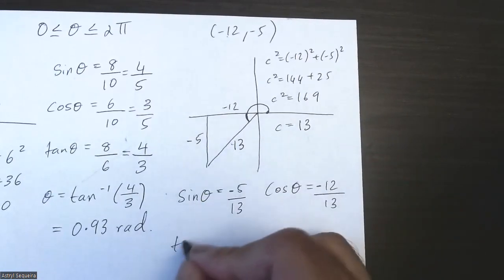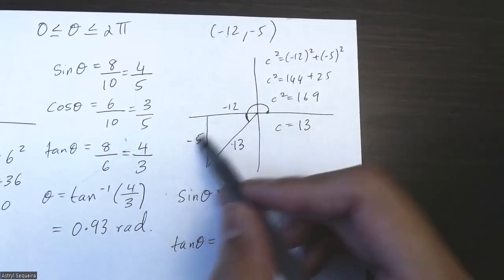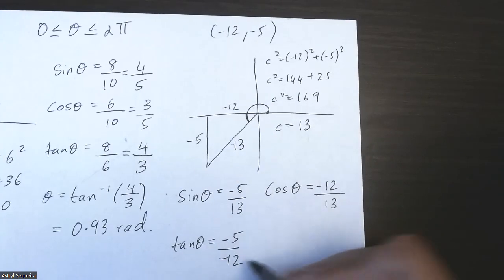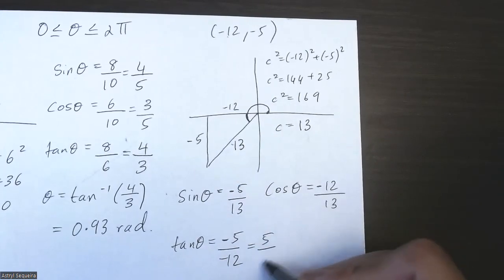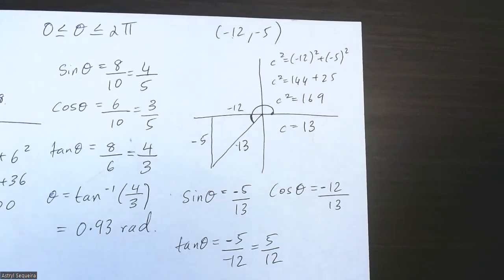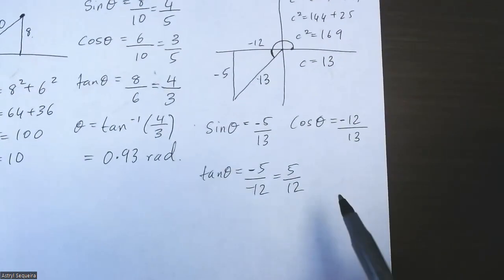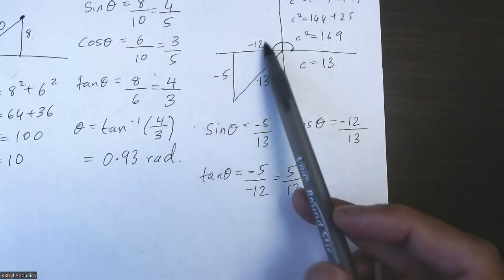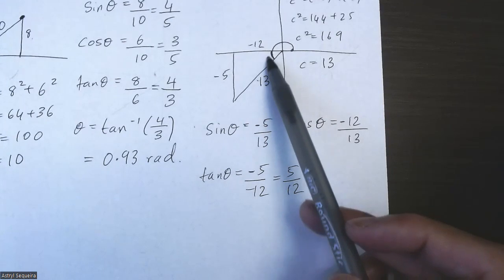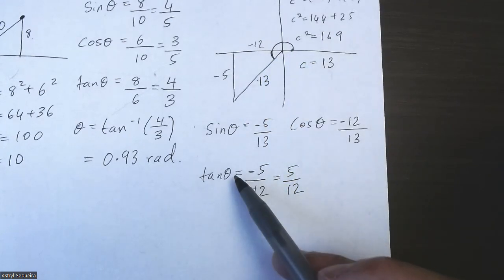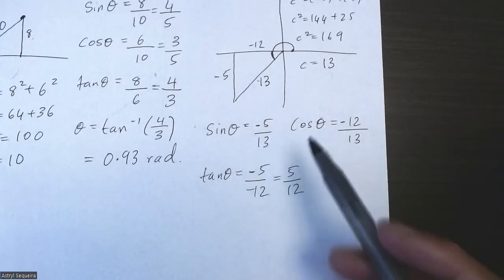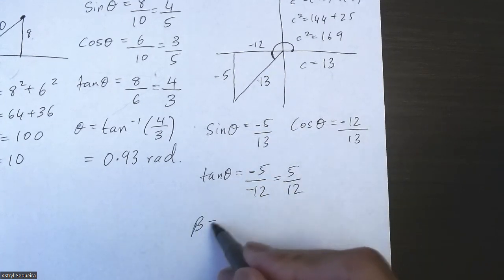Tan theta is -5 over -12, opposite over adjacent, which just simplifies to 5 divided by 12. Now again, you can use any one of these three to solve for the acute angle. So when you're solving over here, you want to not put the negative signs in so we can find the acute angle first.